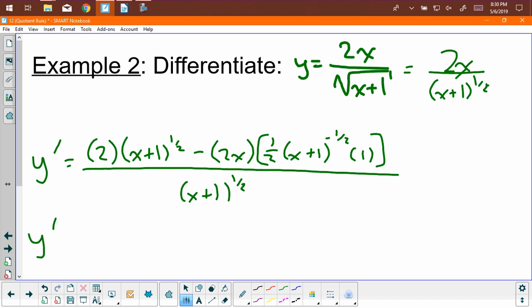Okay, y prime equals, and now some tidy up steps. Just a very small one: over here, I can multiply the half and the 2x.